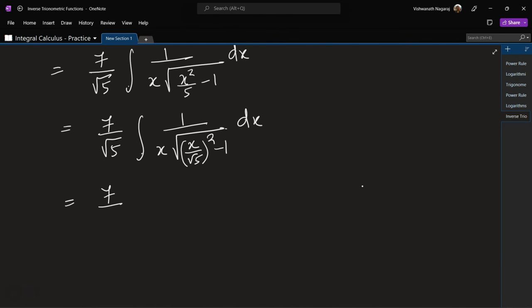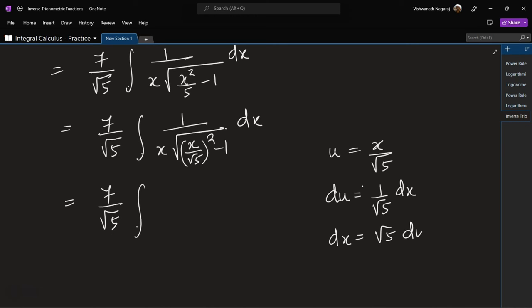which gives us 7 by square root of 5 integral of, now let's do the substitutions. Let u be x by square root of 5, du becomes 1 by root 5 dx, which means dx is equal to square root of 5 du. And here x becomes root 5 u.